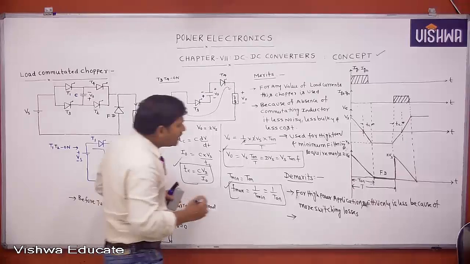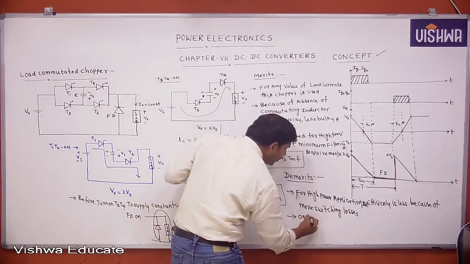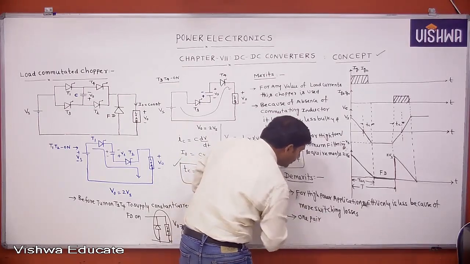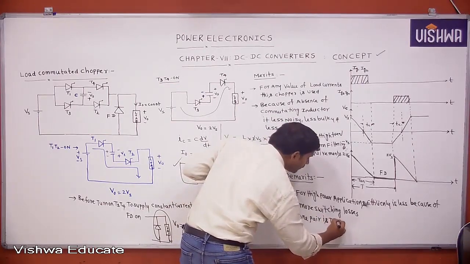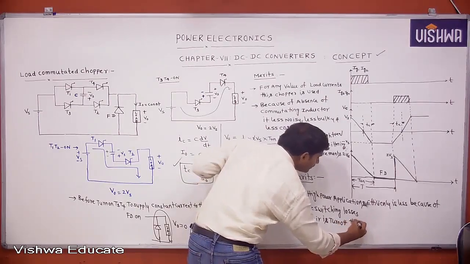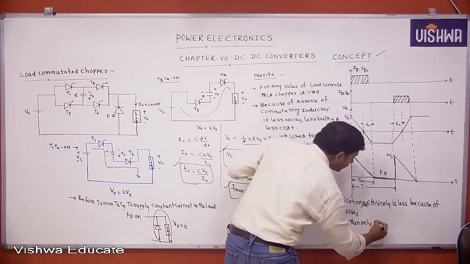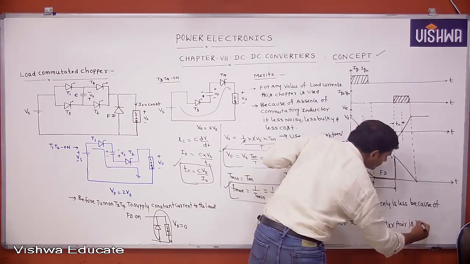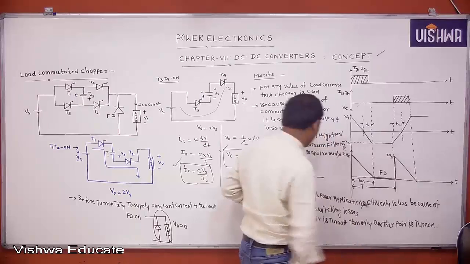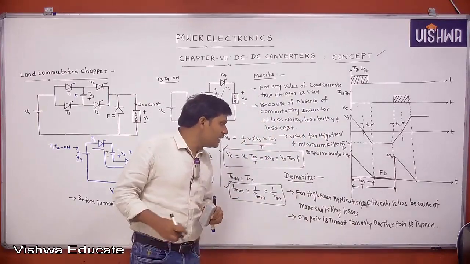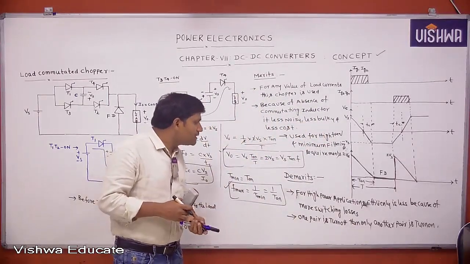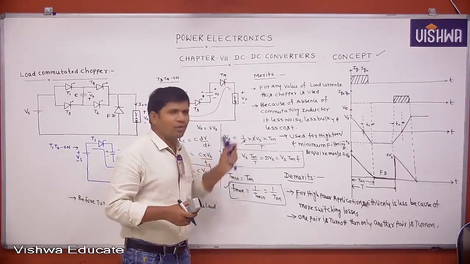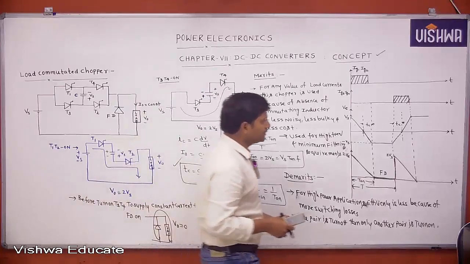One pair is turned off, then only another pair is turned on. All these are the demerits, and these are the merits.